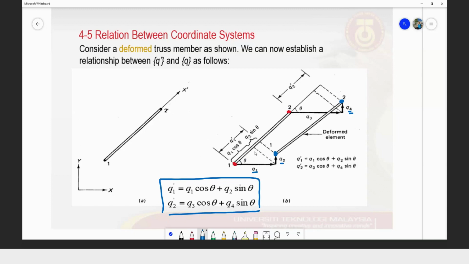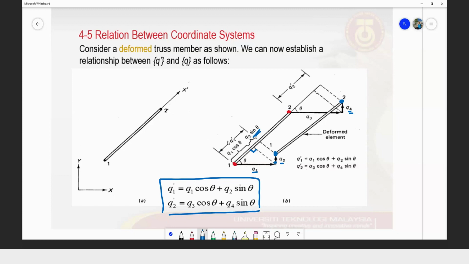So from there, when we take the line that is perpendicular, we project this line towards our original position of the truss member. Then from there we can have one triangle so that we can solve for trigonometry. And then from this as well, if we project, then we can determine the Q2.